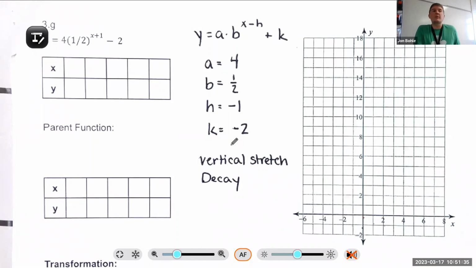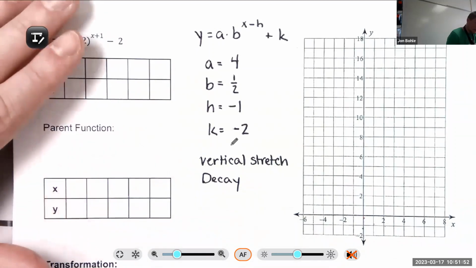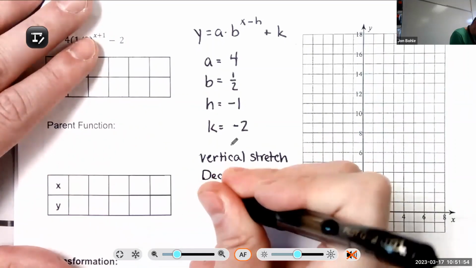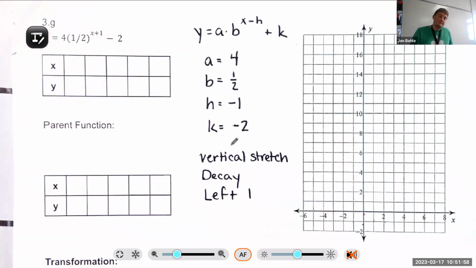H value -1. What does that do to my graph? Look at your front page. Find the H value. How much? Yep, it's going to move left 1. H value is -1, it's going to move to the left one.